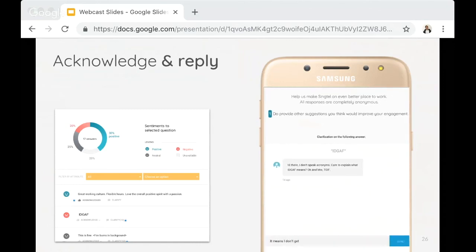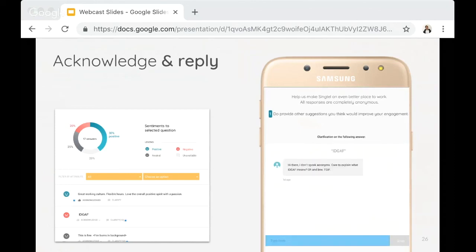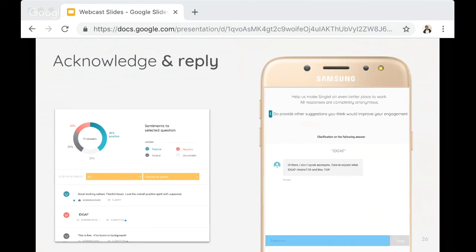And all of this can happen in an anonymized environment to protect the identity of the person who has responded. Now, this we found can tremendously improve participation rates in the long term, especially for pulse surveys, where you're asking employees to give their feedback as often as weekly or monthly or quarterly.